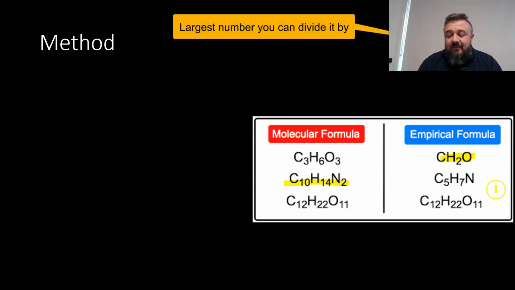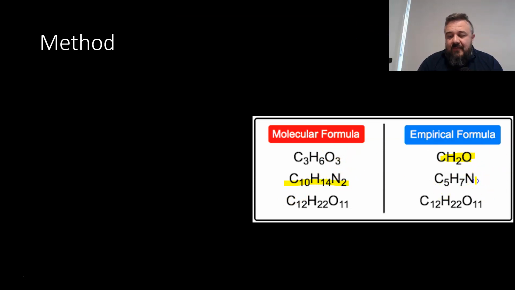Up here it was 3. That gives us C5H7N. And over here we have C12H22O11. Now, there is no common factor there that we can divide it by, aside from 1. So therefore, this is also the empirical formula.